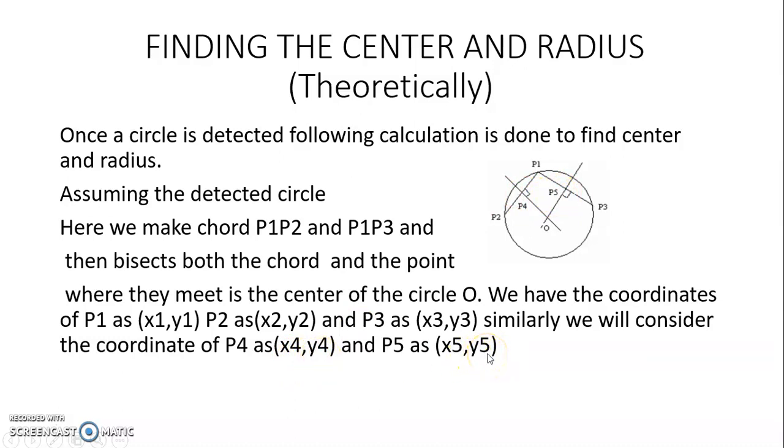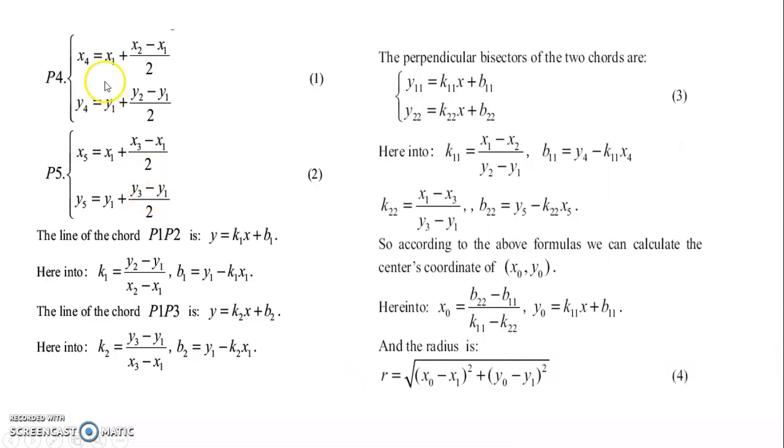How to find these points? For P4, x4 and y4 can be found through the values of x1, y1 and x2, y2. Similarly, for P5 we can find it from x1, y1 and x3, y3.